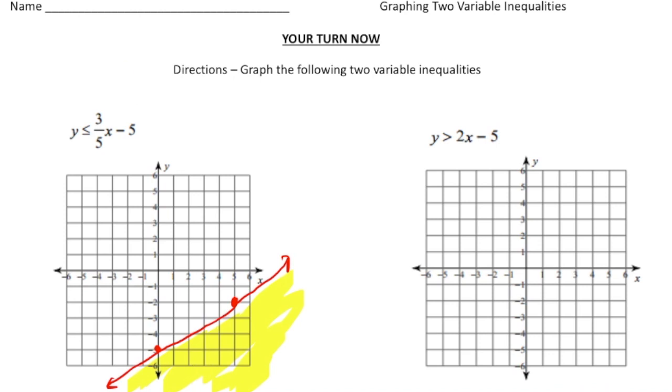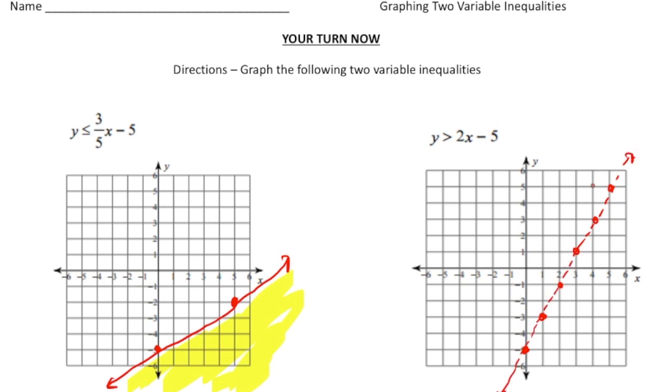Let's try the next problem. y is greater than 2x minus 5. This time we have a y-intercept again of -5, and a slope of 2. So I'm going to go up 2 over 1, up 2 over 1, up 2 over 1, and so on. But this time, y is greater than 2x minus 5. Because it's just greater than, we're going to have a broken line that goes through the points, like that.